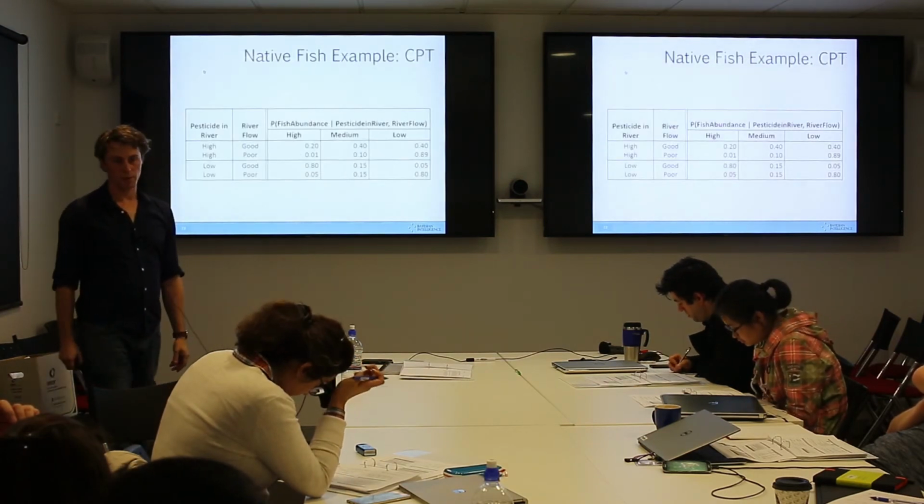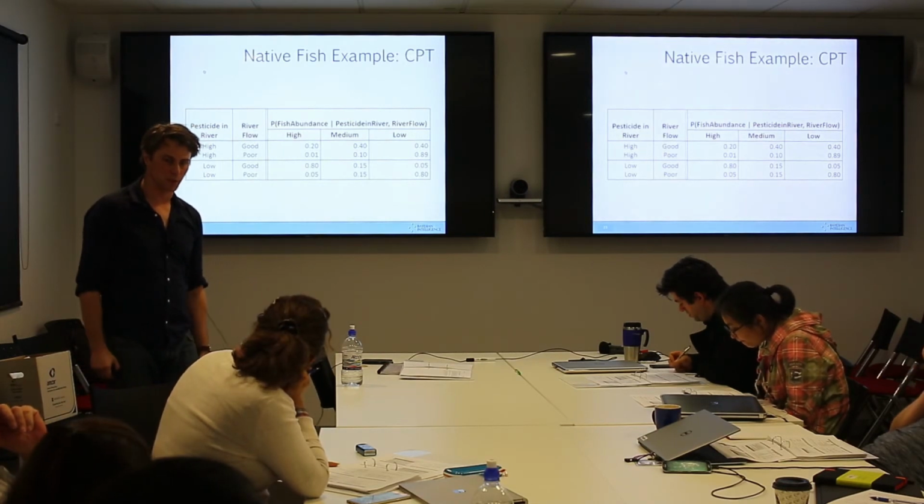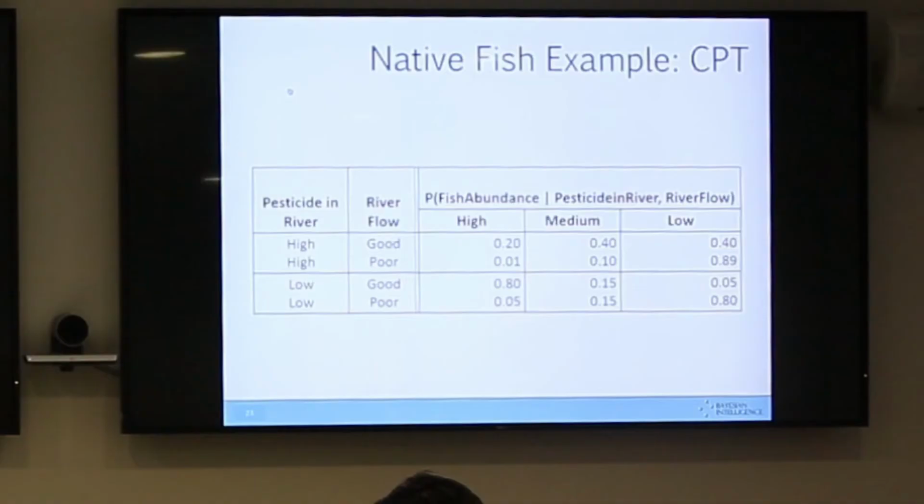Here's an example we whipped together, I think with some consultation with an expert, but it's basically a toy Bayesian network. We have a table with our two parents, pesticide and river flow, and the states of fish abundance. We look at each of the different combinations of parents. So if pesticide is low and river flow is good, that's our best situation.